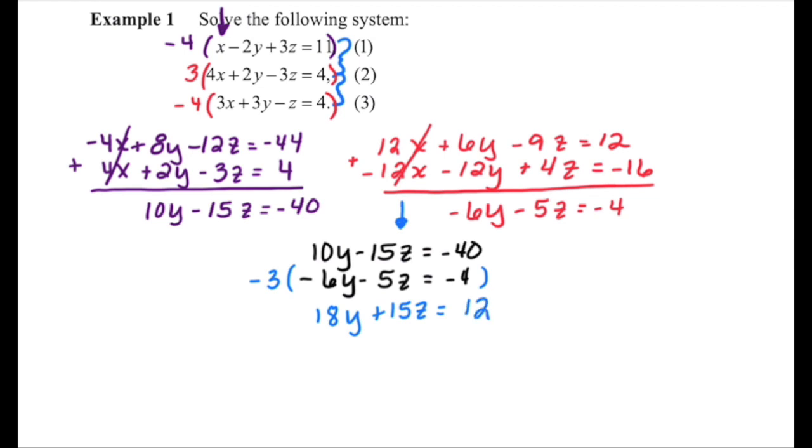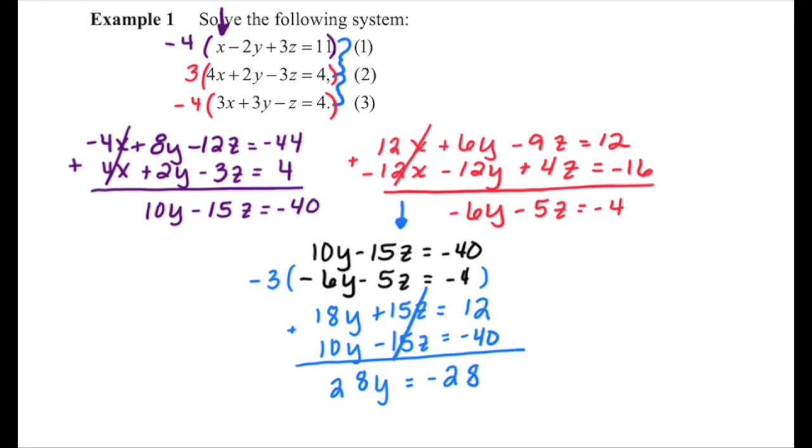Now when I add that to my 10y minus 15z equals -40, we will now have 28y, our z's disappear, equal -28. And now I can solve for y by dividing by 28, so y is equal to -1.